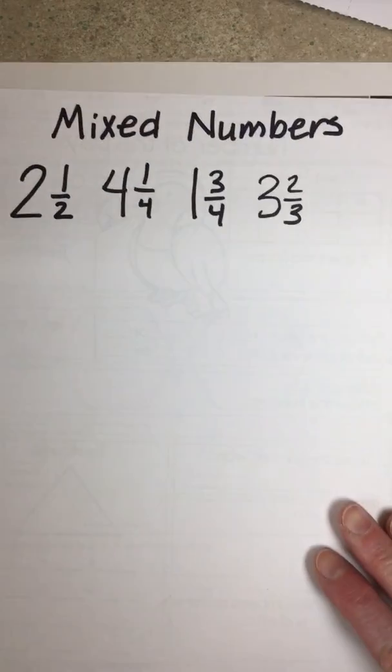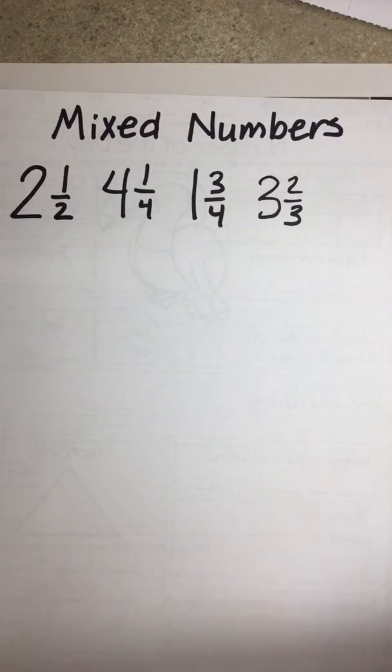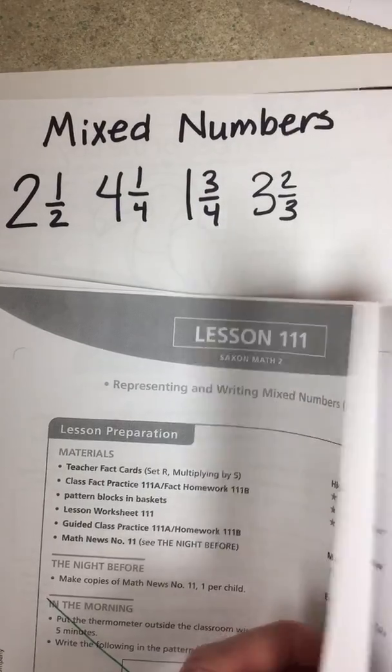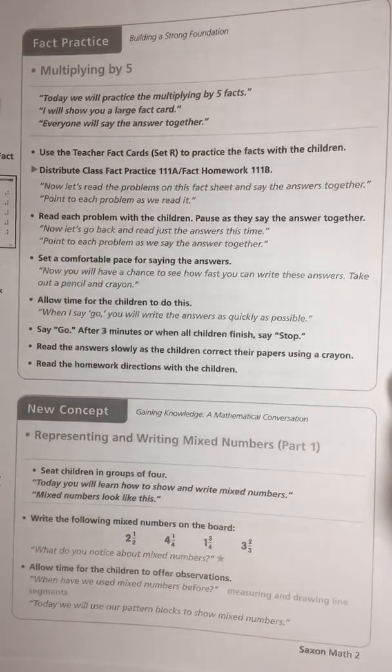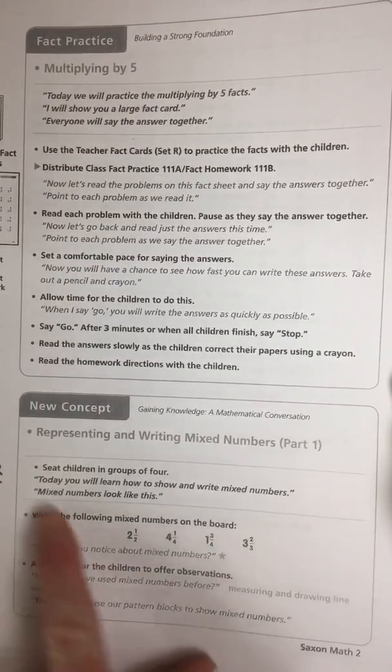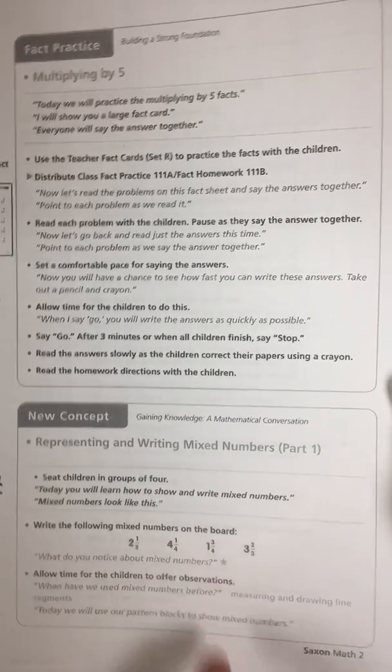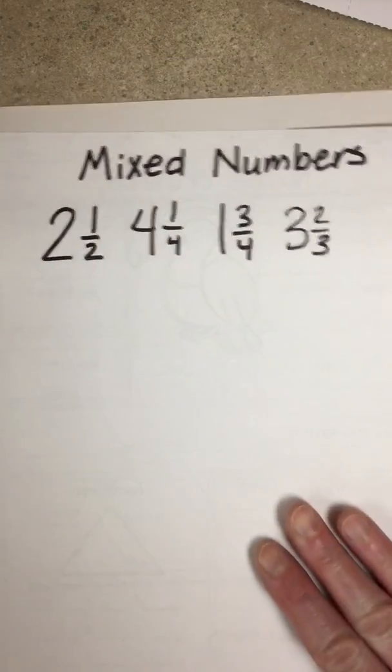Your lesson today is about mixed numbers, and it is right here if you're reading along in the directions, representing and writing mixed numbers. What do you notice about mixed numbers?